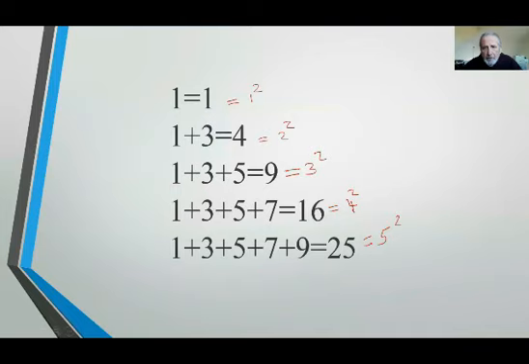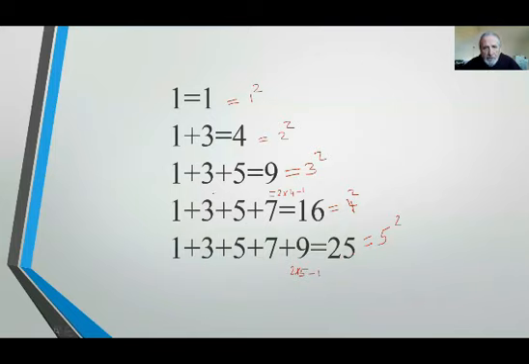And now I need to see how this 5 squared is related to this. Technically you have 5 terms here. You have 4 terms here, so you get 4 squared. You have 3 terms here, you get 3 squared. Also you can notice that this 7 is 2 times 4 minus 1. This 9 here is 2 times the same 5 here, 10 minus 1.